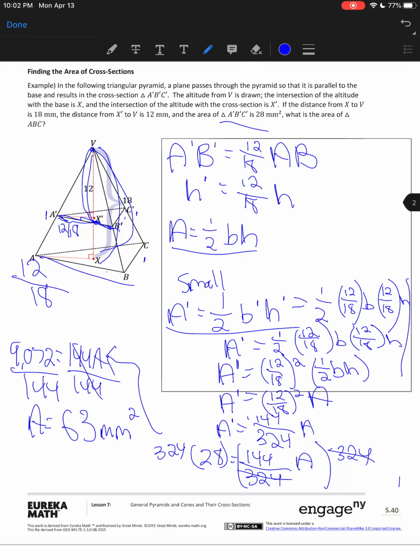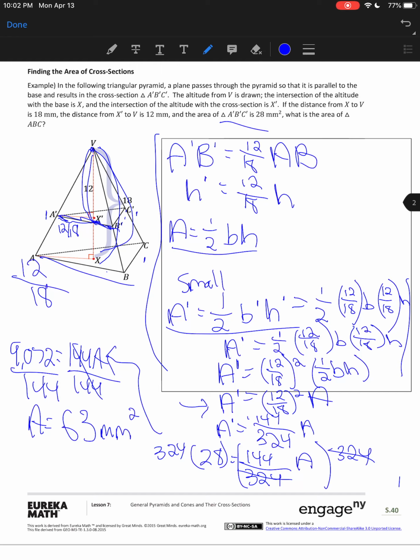So again, to be clear, you don't have to do all this work. This was just to help you understand, when you're solving another problem, why we end up with this formula down there. But if you understand that, it's fine to just start down here.